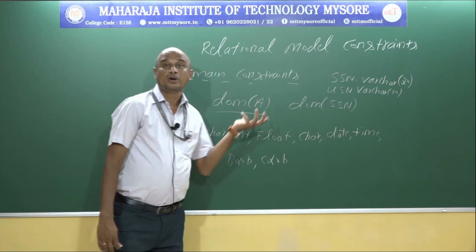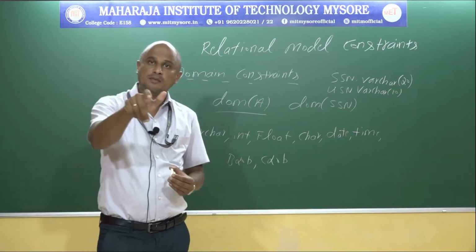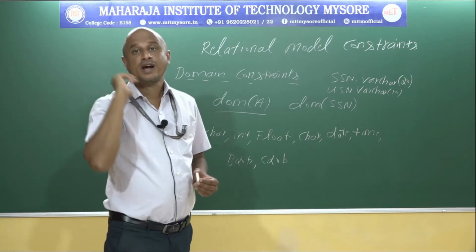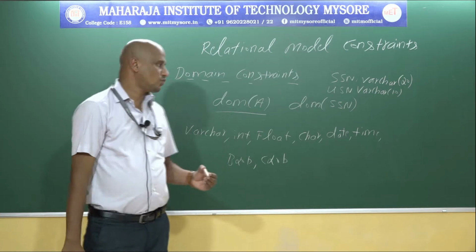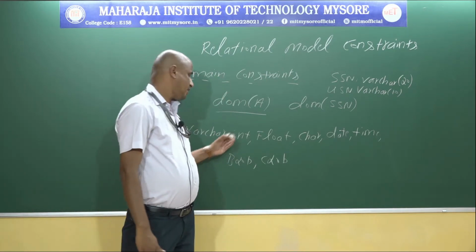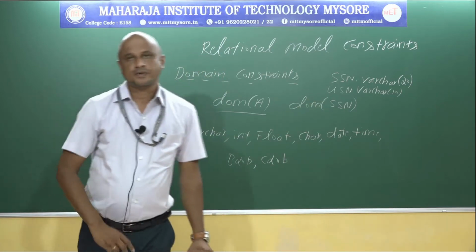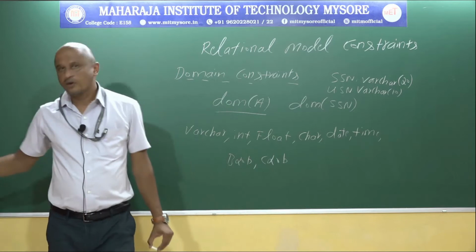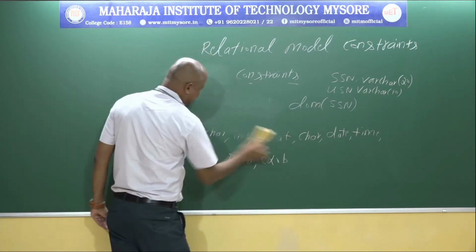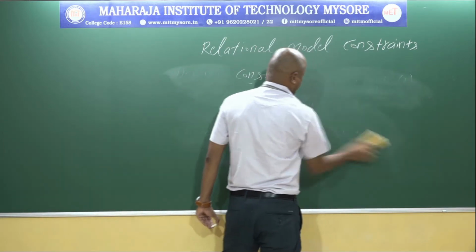So this is called the domain constraint. The domain constraint can be applied to define the structure of a database or a table of a database, through various data types like varying character, integer, float, character, date, time, blob and clob. Okay, so this is one thing. Next, we go with key constraints.